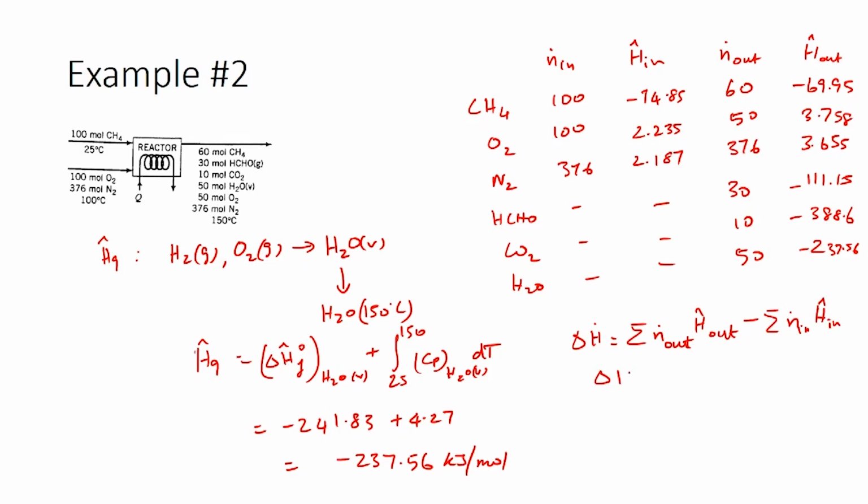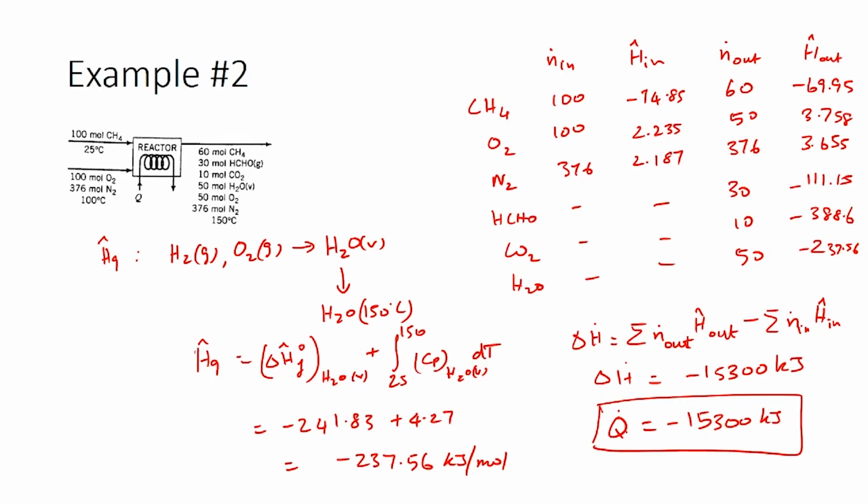This value delta H dot is equal to minus 15300 kilojoules, and Q dot, which is the heat supplied or removed, is also equal to delta H dot, so finally the value is 15,300 kilojoules. So, this gives us the heat which needs to be supplied or removed from the system.